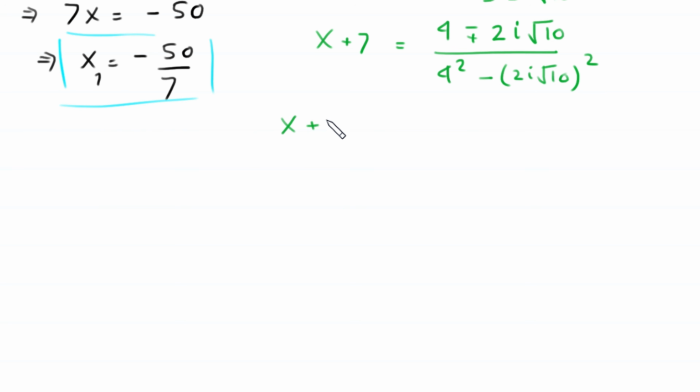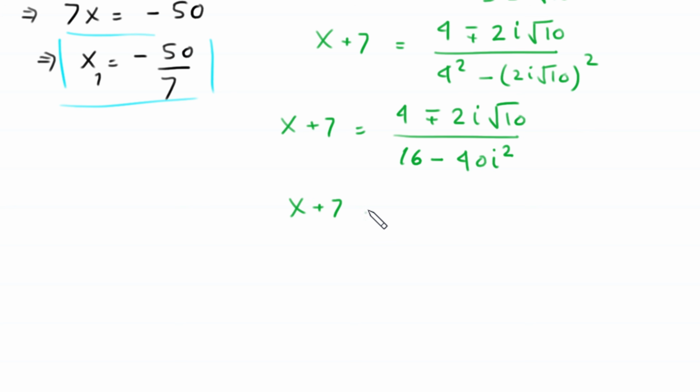Next, x plus 7 equal to 4 minus or plus 2i times root 10 divided by 16 minus, negative or minus 2i times root 10 whole squared will become 40i squared.